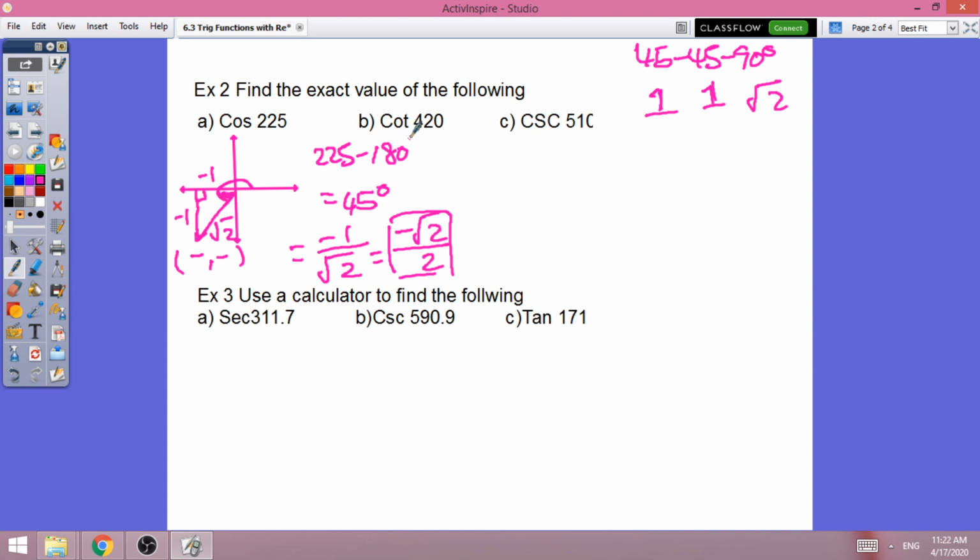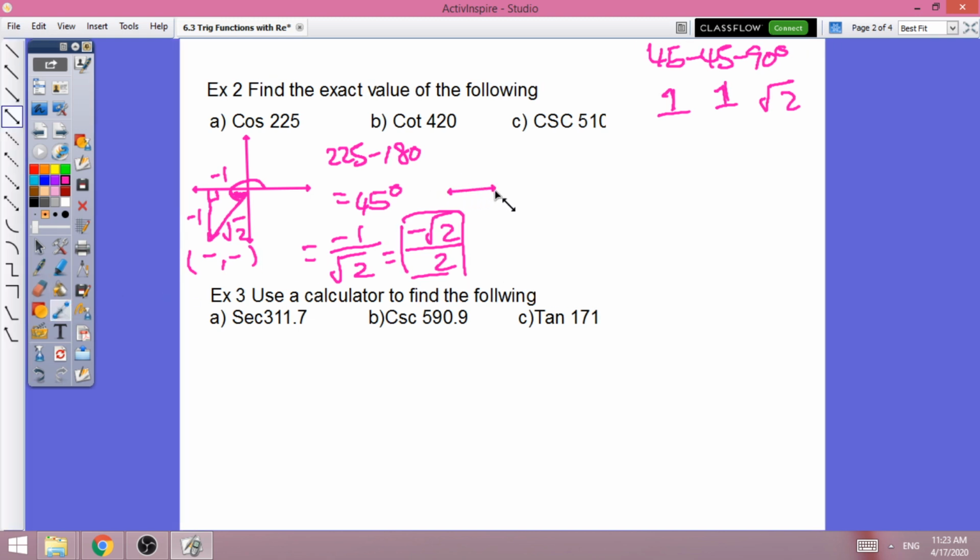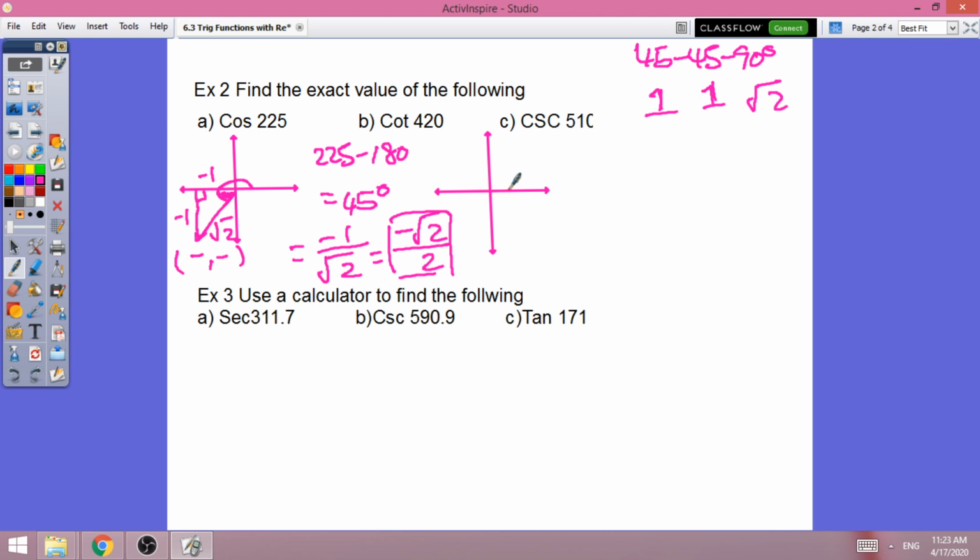So now, let's try another one. 420. That means the angle is going to pass through 360, so you have to go around the unit circle more than once, going back to the first quadrant.